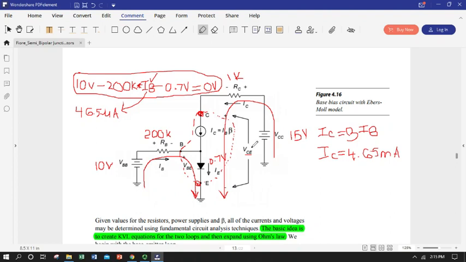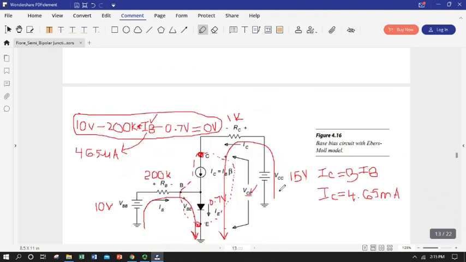Now what if we wanted to know what the voltage drop was between the collector and the emitter across the transistor itself? I mean, it's a circuit component. We might want to know how much voltage it's dropping. Well, here's where we pull out KVL for our collector to emitter path. So we're going to go from ground. We're going to raise ourselves up 15 volts going through the collector voltage supply. We're going to drop 4.65 milliamps times 1K.